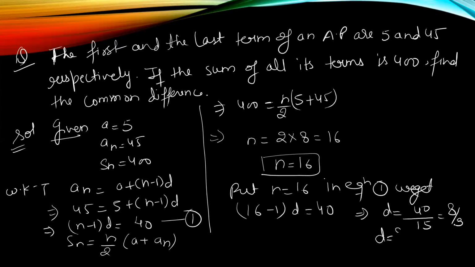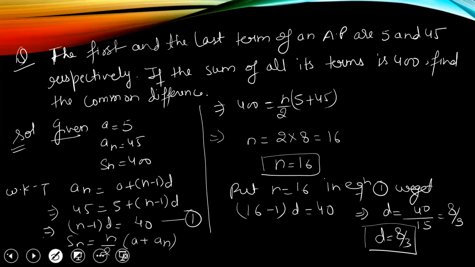So the common difference is going to be 8 by 3, which is the required solution. I hope the problem is clear to everyone. Moving on to one more question. I think I forgot to tell you, the previous question is from CBSE 2014, right?